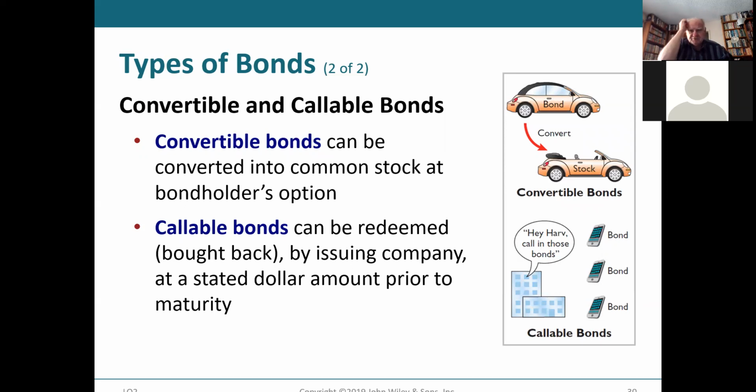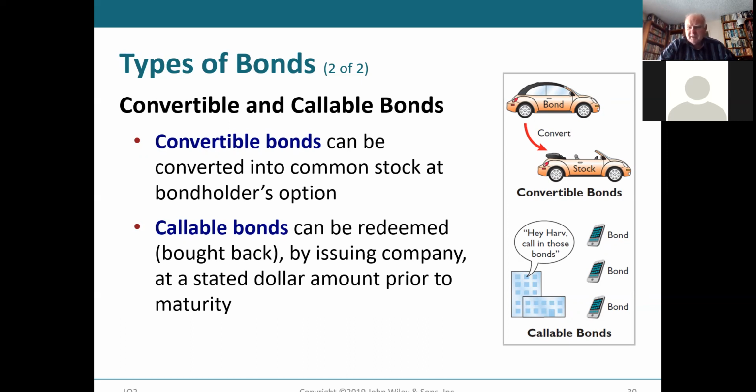Callable bonds. This is an important one. Callable bonds can be redeemed by the issuing company prior to maturity. In other words, I loaned you money at 10% 10 years ago, and it's a 30-year bond, and it's a callable bond. Well, the interest rates are down to almost zero. I'm crazy for paying you 10% if I don't have to.